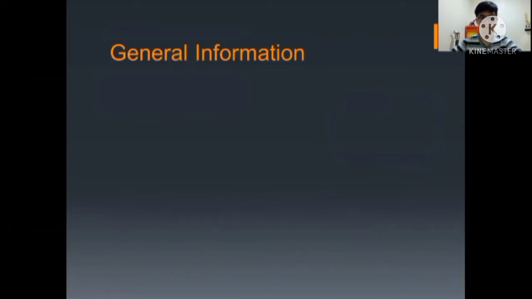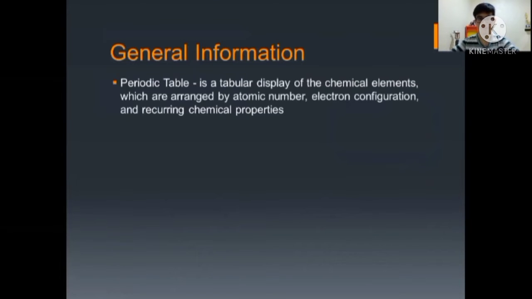Okay, first of all, this general information is, to be honest, what you'll need for this chemical calculation. So first, we need our periodic table. Some of you maybe don't know what a periodic table is, so here I'm going to explain it. The periodic table is a tabular display of the chemical elements, which are arranged by atomic number, electron configuration, and recurring chemical properties.